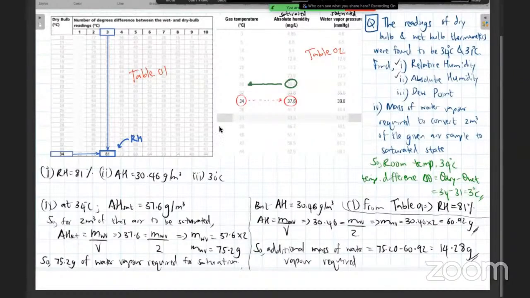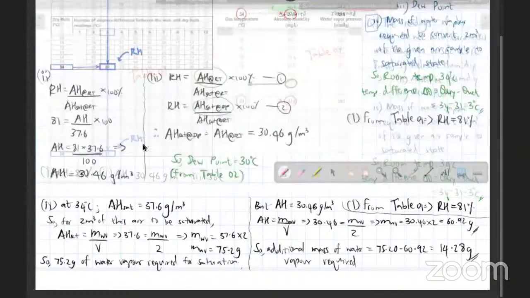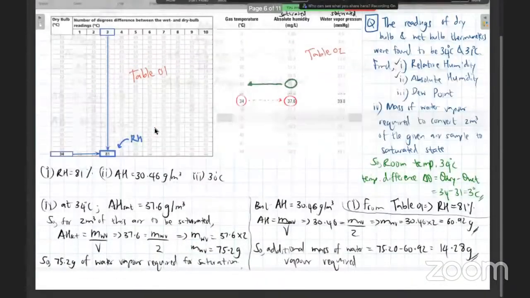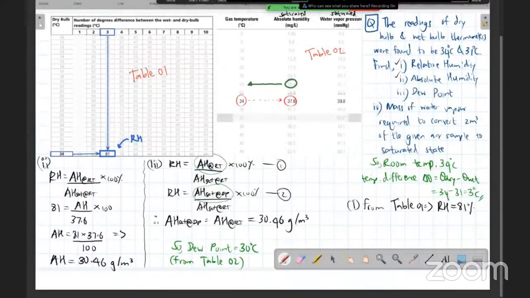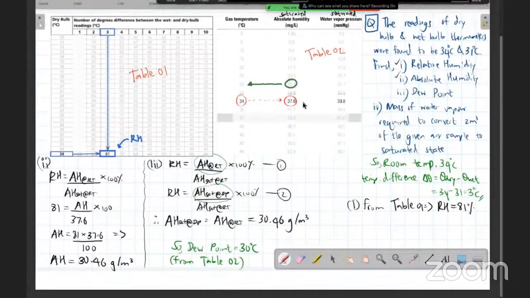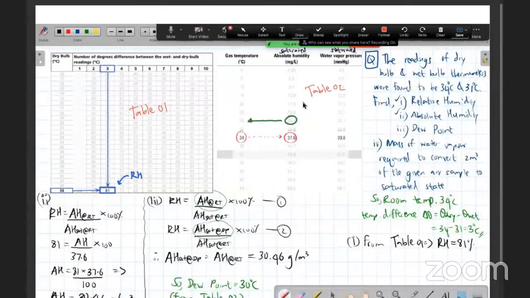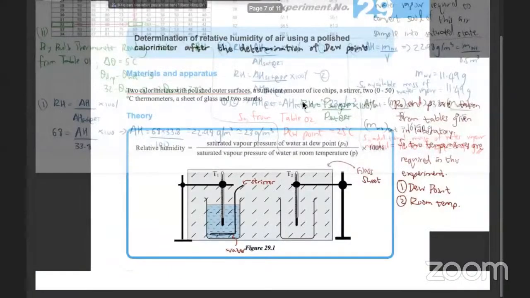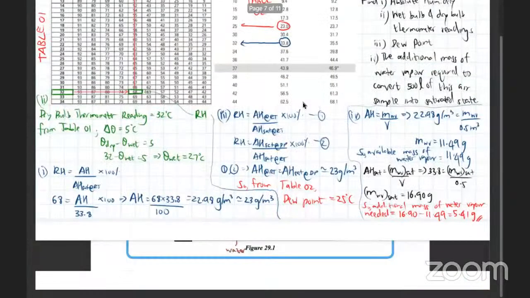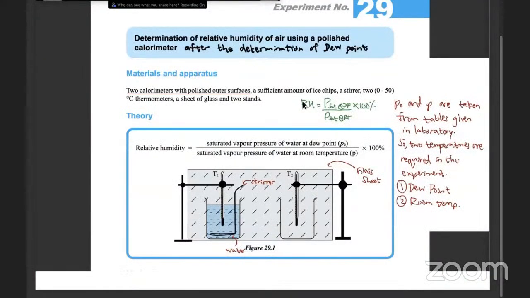I'm not going to go into detail, you know what we did last week. I'm just summarizing everything. With that being said, it's time for us to move on to our first questions. But before that, I think it's better to have clarity about certain aspects of absolute humidity and relative humidity.